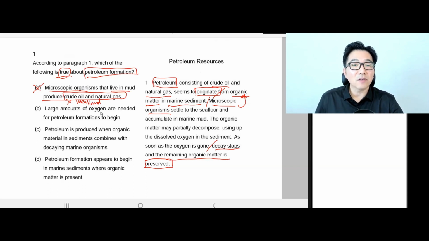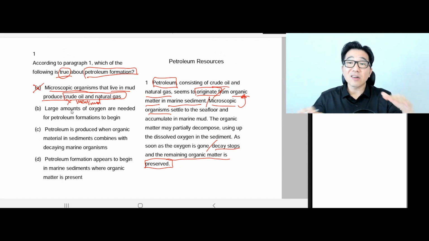B, large amounts of oxygen are needed for petroleum formation to begin. This is definitely wrong. It's opposite. Because if we believe, I mean, I hope there will be more information in the next paragraph, if the preserved organic matter is like a starting point to form petroleum, then it has to start without any oxygen.